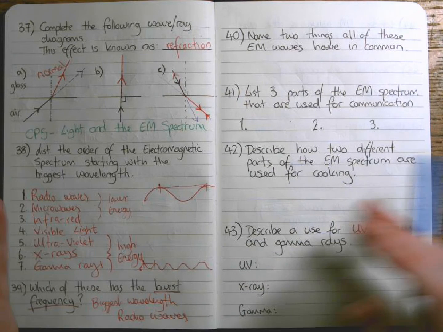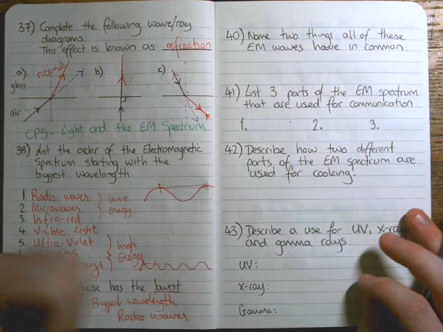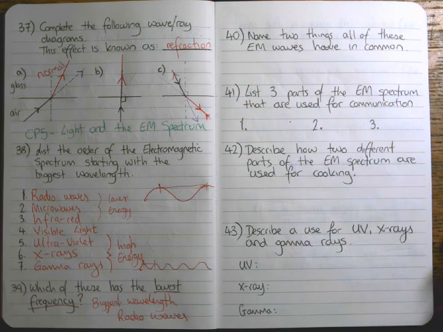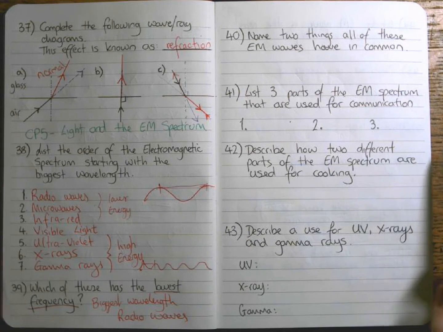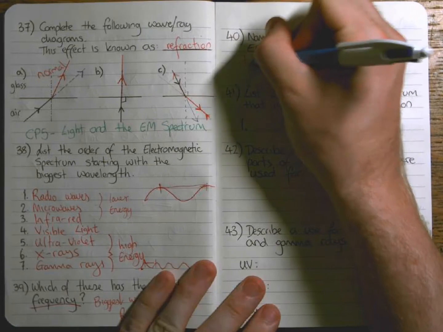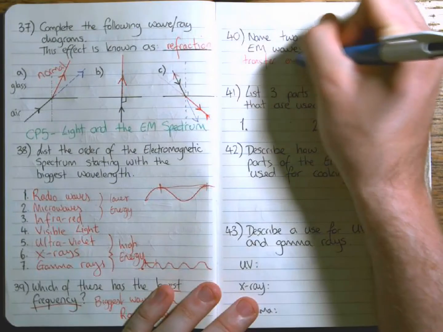You could go the direction of thinking about, well, let's just treat them as waves. All of these have got to have in common what all waves have in common, because they are all waves. So we could say they all transfer energy.